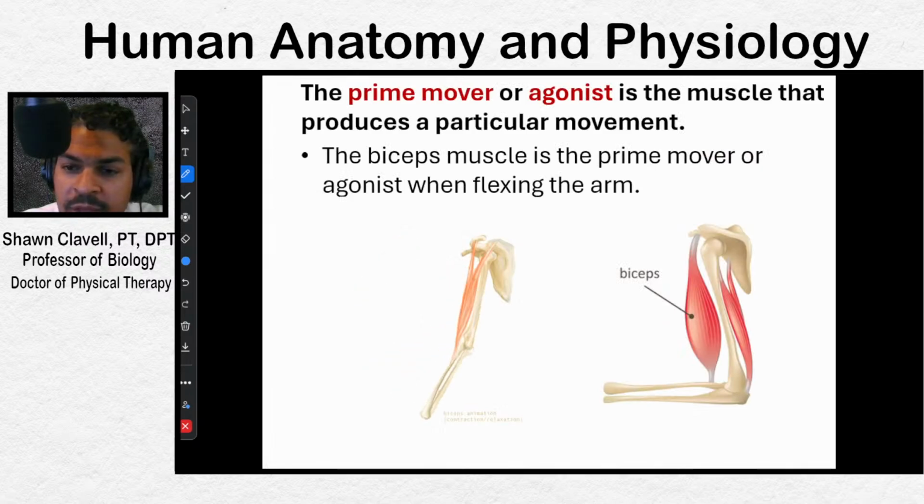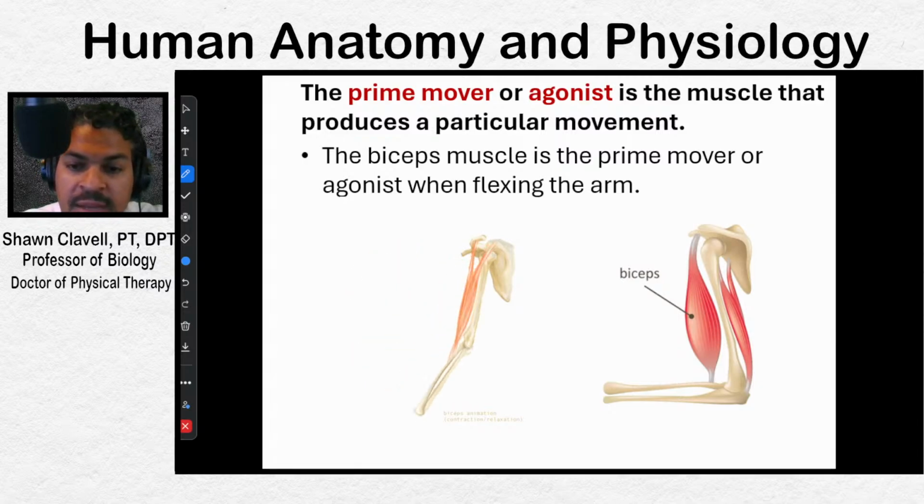Right, so elbow flexion, you can see how it pulls on the bone to cause the elbow to flex. It's a prime mover, as it might be referred to, or an agonist for elbow flexion. So the biceps contracting and relaxing there, responsible for elbow flexion. So that's the concept that we're looking at here.